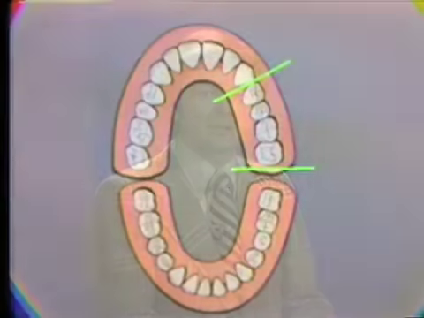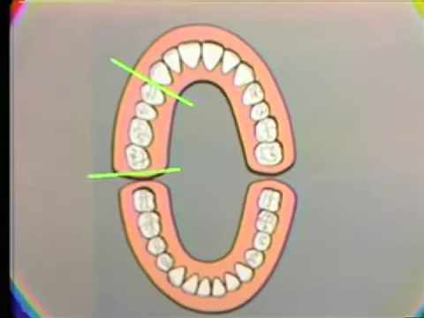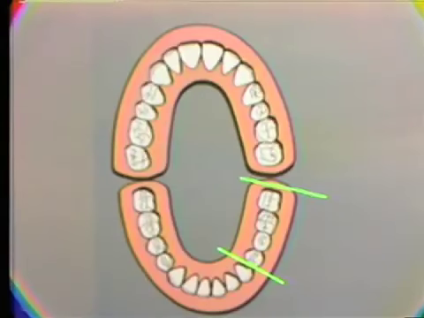In the maxillary arch, these are the left posterior segment, the anterior segment, and the right posterior segment. The mandibular arch is divided similarly as follows: the left posterior segment, the anterior segment, and the right posterior segment.